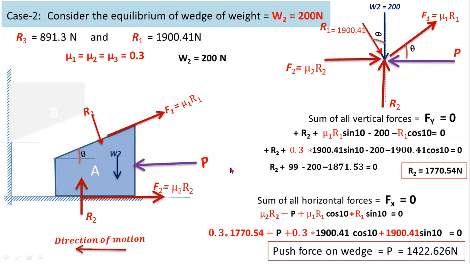After that, you have to consider all forces acting on the body. After that, you have to resolve all the forces along the x-axis and y-axis. That is the procedure for a mechanics problem.